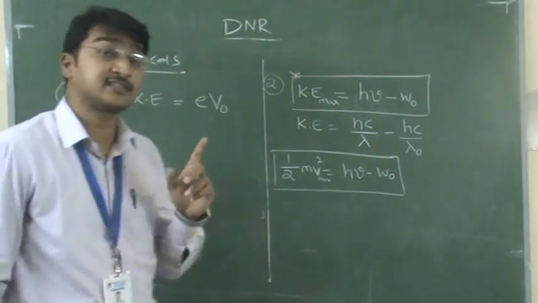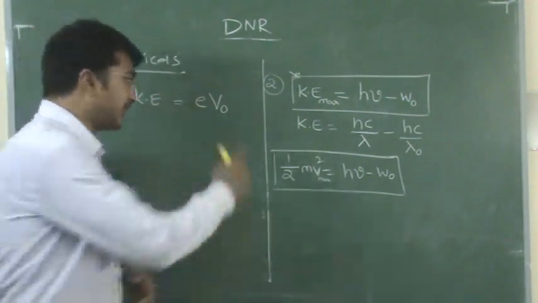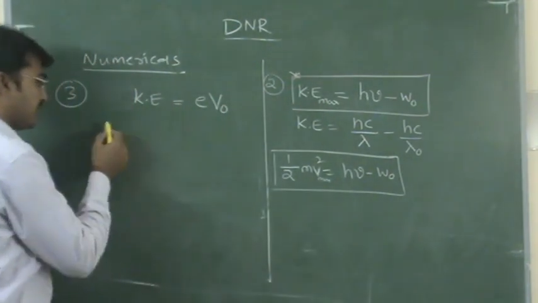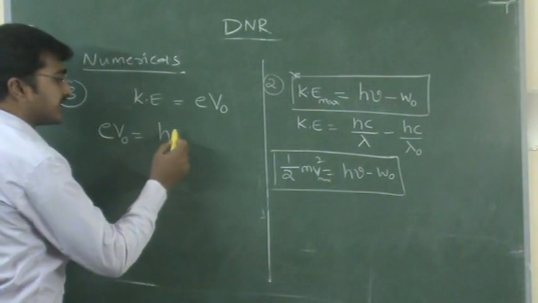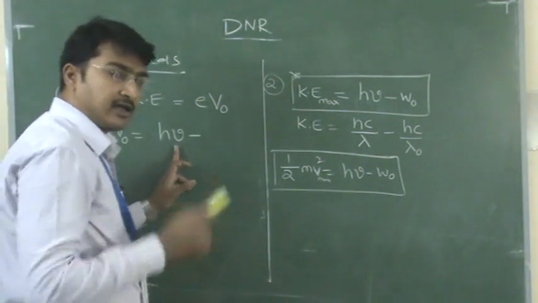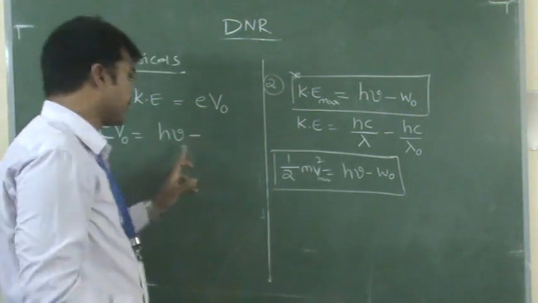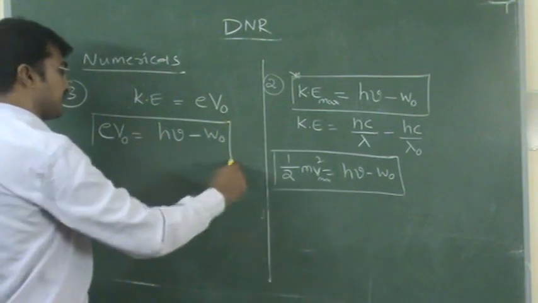What is V naught here? Stopping potential, you already know this. Kinetic energy equals eV naught. Then how will the equation change now? Instead of kinetic energy, eV naught equals the incident energy h nu, or capital E. Sometimes they will mention incident energy as capital E and work function W naught. This also you can use.